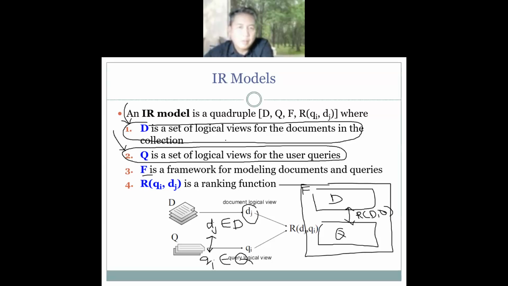D is a set of logical views, so basically we have document 1 up to document N, where N is the number of documents that you have. You may also have query 1 up to query M, where M refers to the number of queries you have. Okay, so this is how we describe the IR model, based on the four components, or the four entities, that we have.